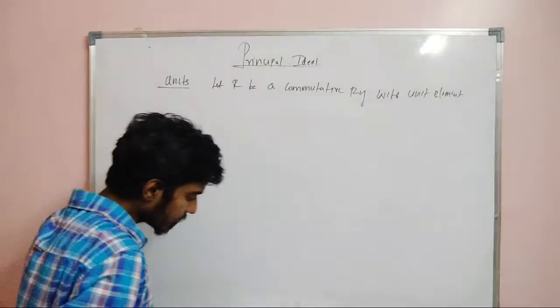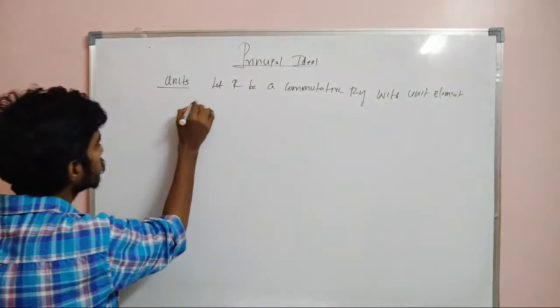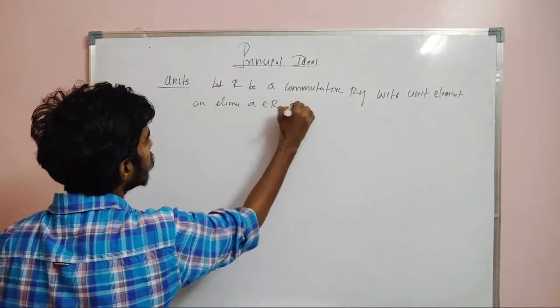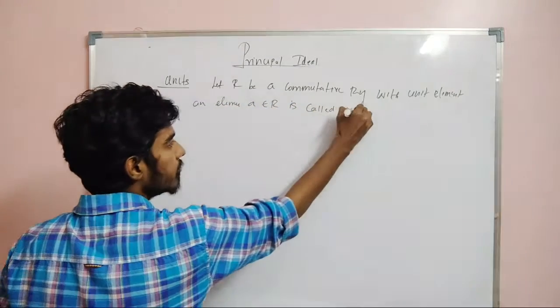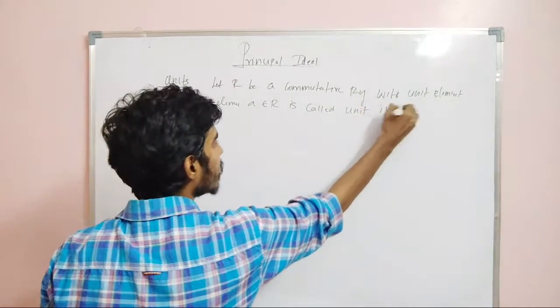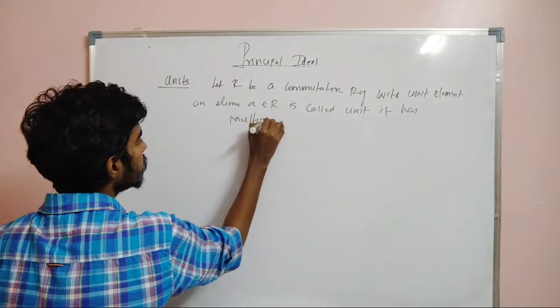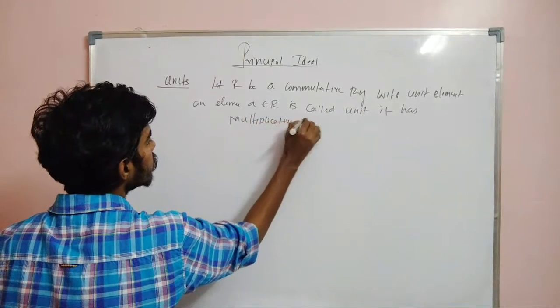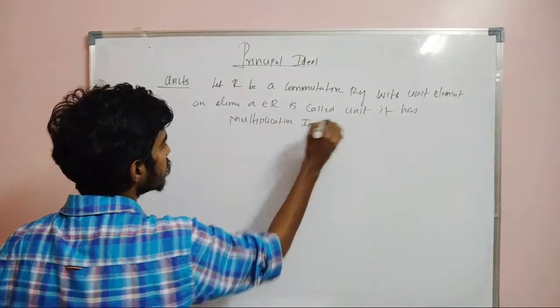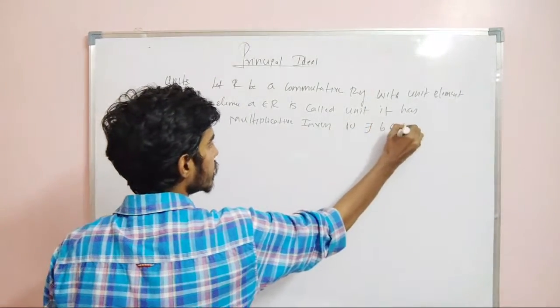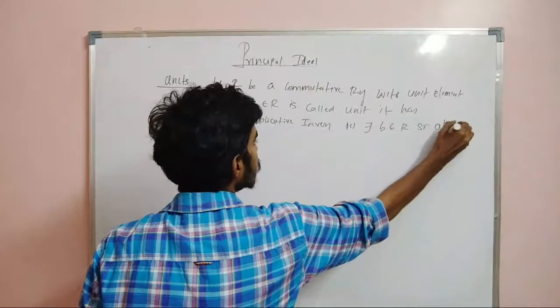An element a belonging to R is called a unit if a has a multiplicative inverse. That's it. That is, if there exists b in R such that ab is equal to 1.